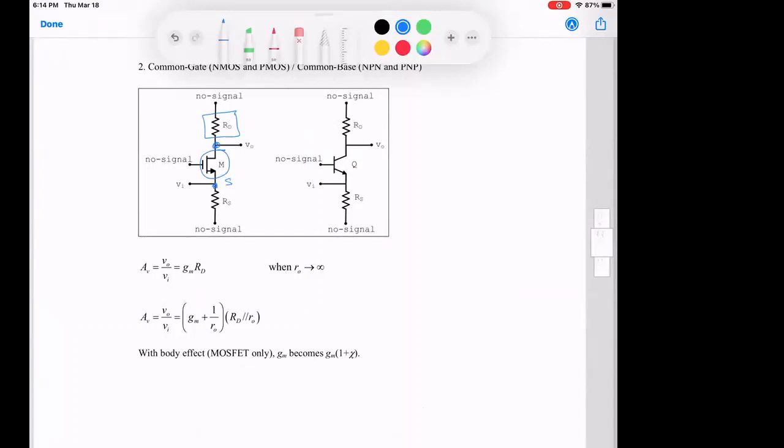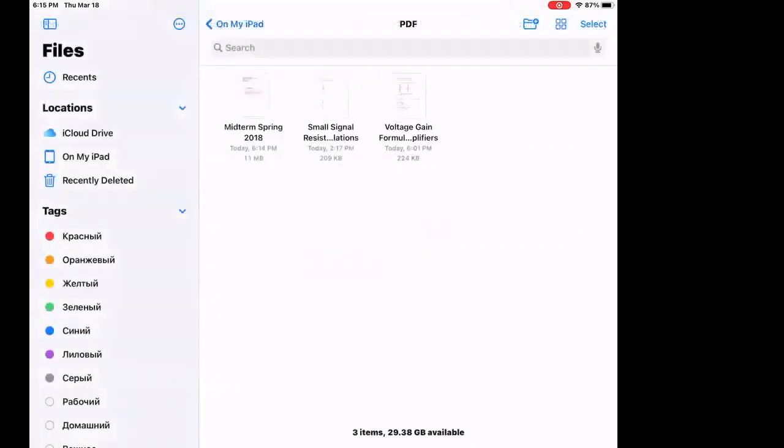But I don't need it. It will not show in my equation. So I don't care about it. I don't need to find it to find the gain. But this one, yes, it's going to show in my equation, and it's GM plus 1 over RO times RD parallel to RO. Okay? But I need RD, and let's see what we will find.